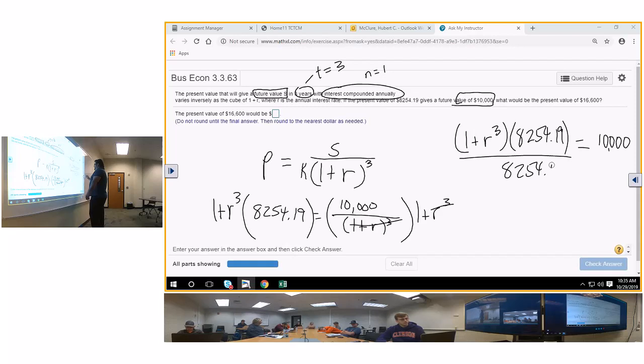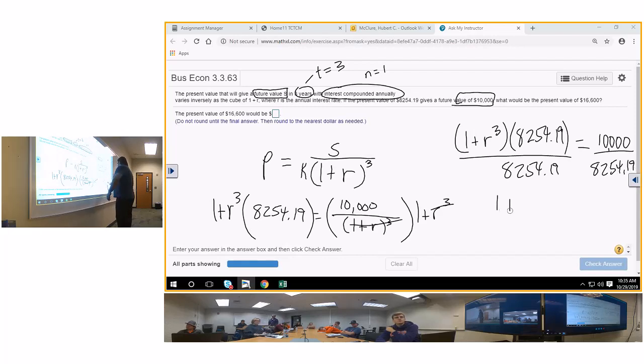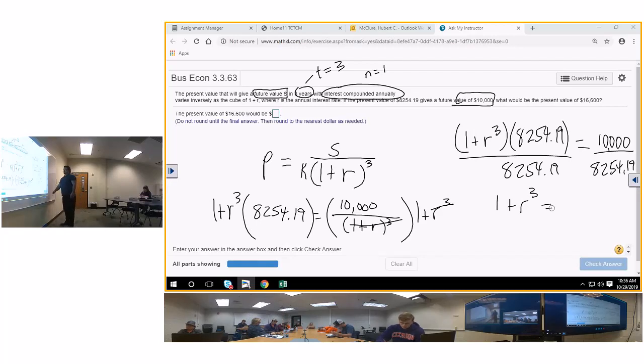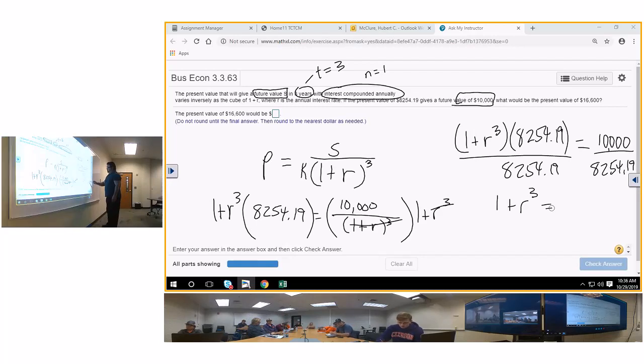8254.19. I'm not Rain Man, so somebody take the calculator. 1 plus R to the third is equal to, somebody give me 4 decimal places. 1.2115. Subtract 1.